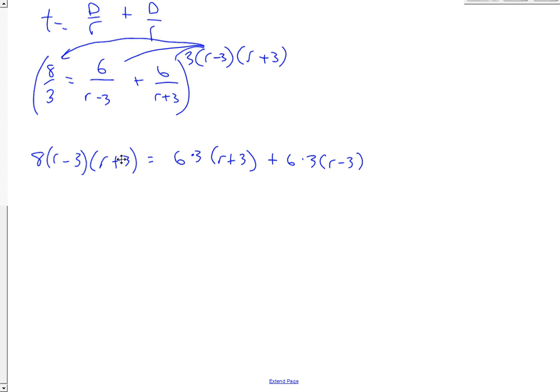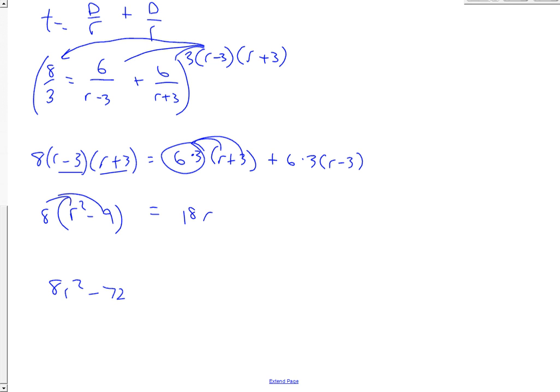Now I'm going to multiply, distribute, and clean this up. R minus 3 times R plus 3 is R squared minus 9. And I'm going to distribute the 8, and I get 8R squared minus 72. Here I have 18, and when I distribute, I am going to get 18R plus whatever 18 times 3 is.